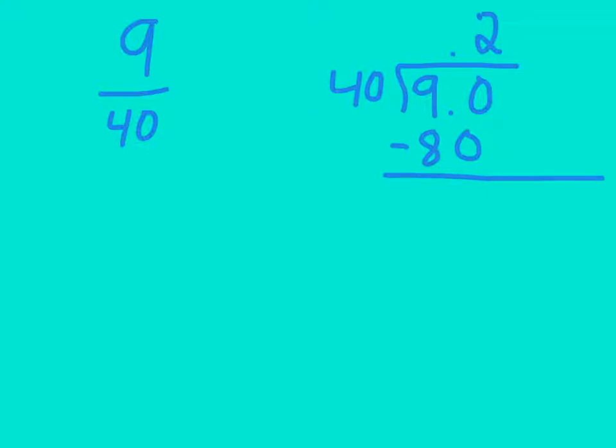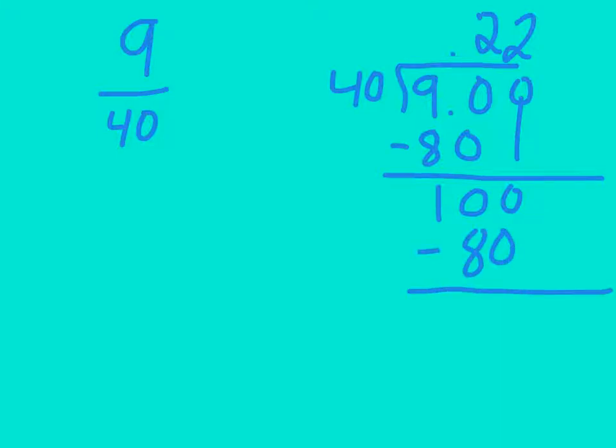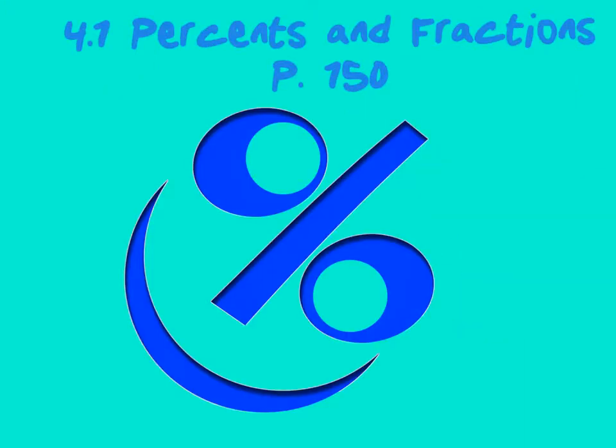Now I'm going to subtract, and I get 10, bring down a 0. 40 goes into 100 2 times. 40 times 2 is 80. Now I'm going to subtract again, and I get 20. Bring down a 0. 40 goes into 200.